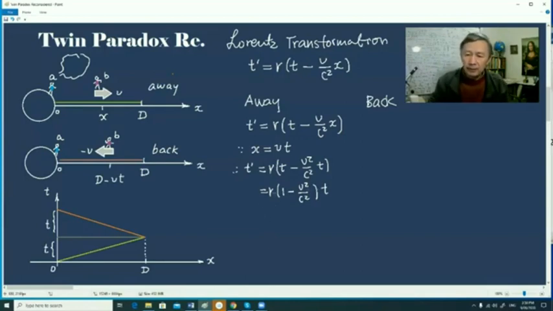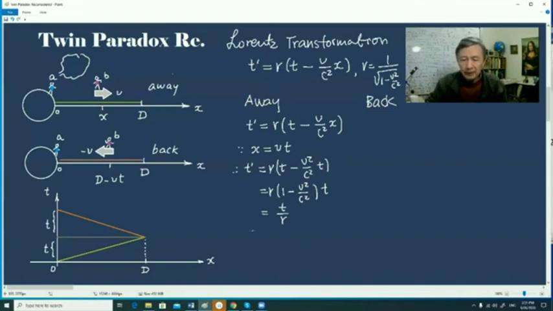By definition, this can be simplified as t over gamma. The gamma, by definition, is equal to 1 over the square root of 1 minus v squared divided by c squared. Gamma is also known as the Lorentz factor because it always appears in the Lorentz transformation.